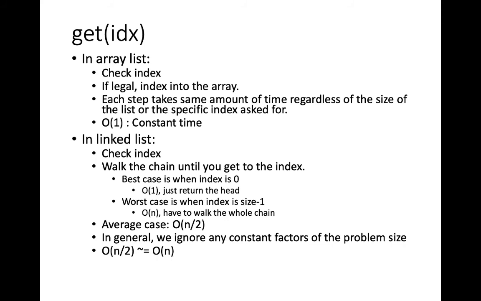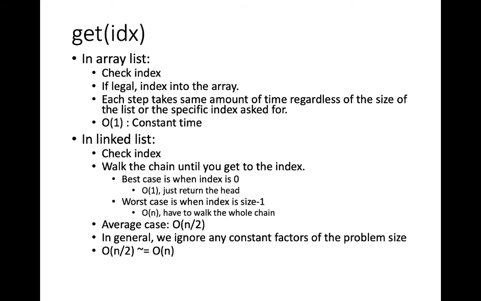We don't care about factors like divide by 2 or add 1 when we talk about big O analysis. All we care about is what is the function of n. And in this case, n divided by 2 is approximately the same thing as n. There's an n in there. We only care about how it characterizes it with respect to n.